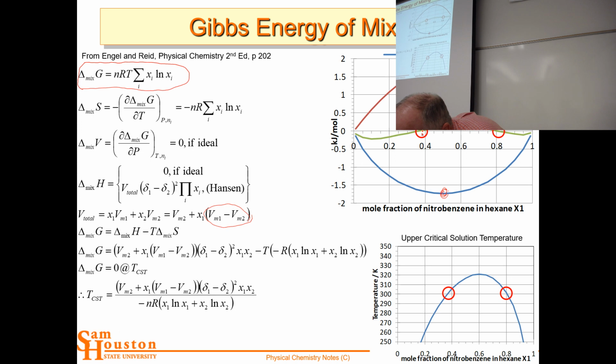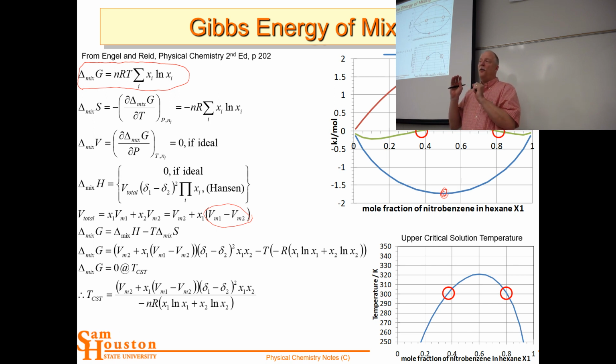And so right here you have an equilibrium point, right here at just less than 0.4. And right here at around 0.8 you have an equilibrium point. And so that's the equilibrium of the nitrobenzene-rich phase, and this is the equilibrium of the hexane-rich phase. So you have two layers. One has mostly hexane, one has mostly nitrobenzene.